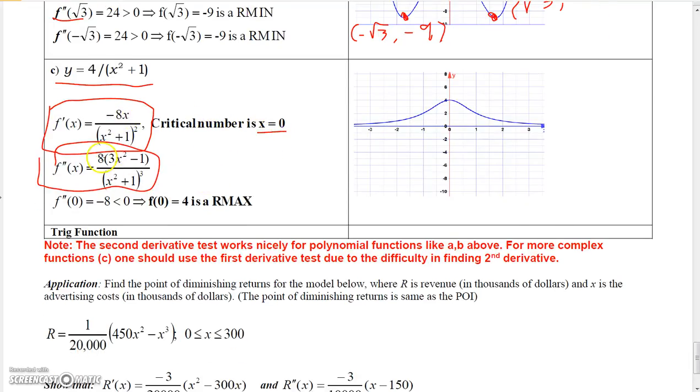When I plug 0 into the second derivative, I got a negative value. So that tells me f of 0, which is 4, if you plug 0 back in here, is a relative max. You can see the picture over here, and the point (0, 4) is indeed a relative max.